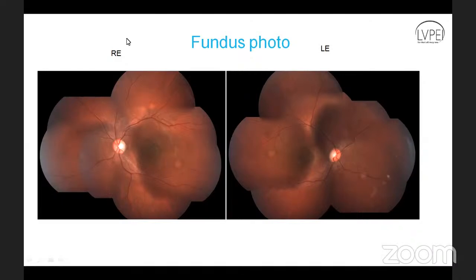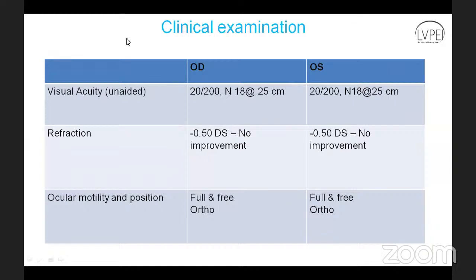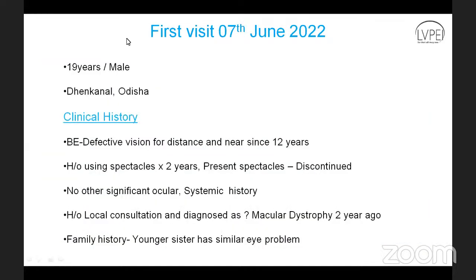Just before going to the investigation per se, I want to go to the chief complaint. Soumya, can you go to slide number 1? Whenever we are seeing such retinal dystrophies, the chief history may be different for different retinal dystrophies. For example, in retinitis pigmentosa, which we see more often in our day-to-day clinic, the most common difficulty is nyctalopia, that is difficulty with vision in the evening time.